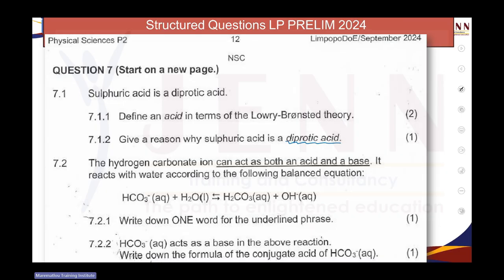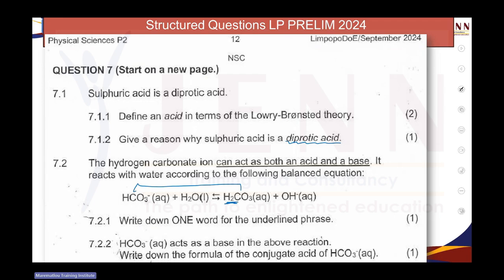Good. HCO3 minus acts as a base in the above reaction. Yes, that is true. We can see it. Let's look at it. There. It has gained a proton. So it acts as a base. Write down the formula of the conjugate acid.